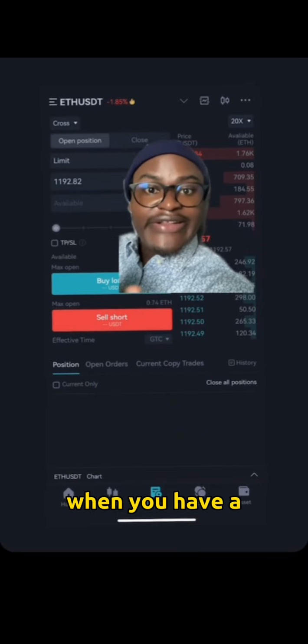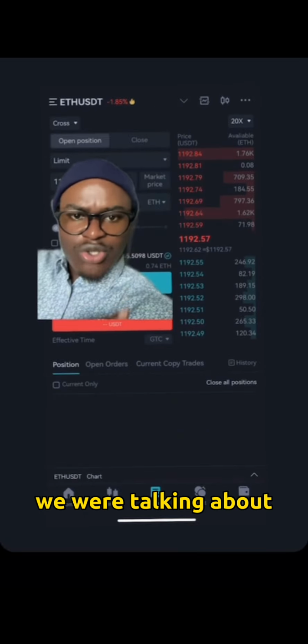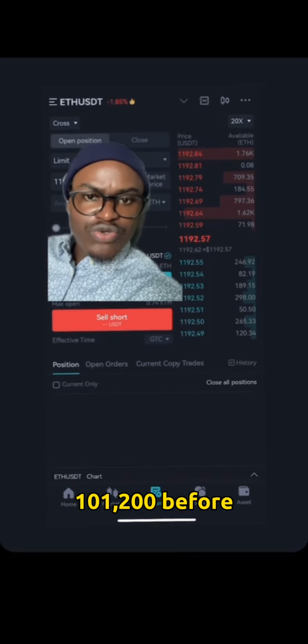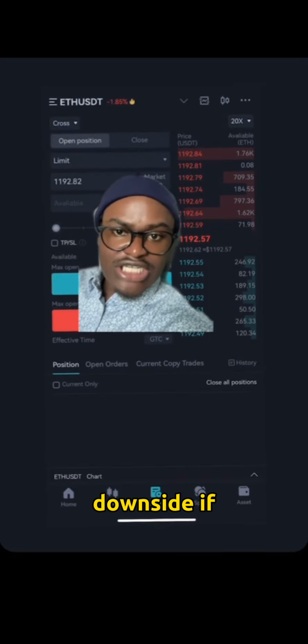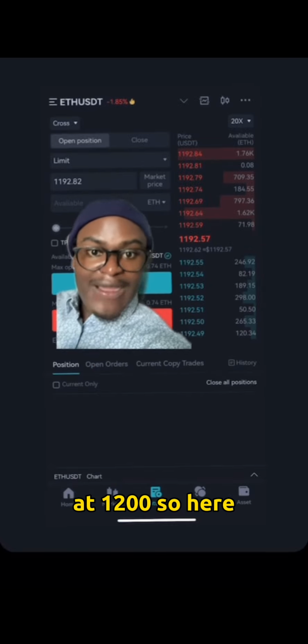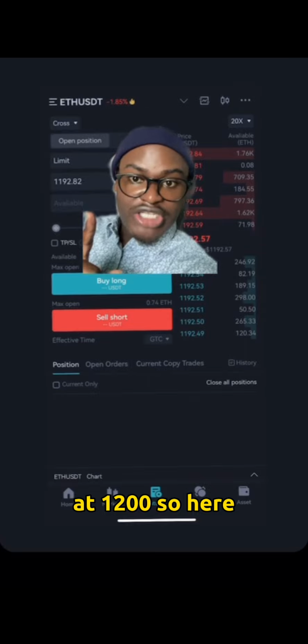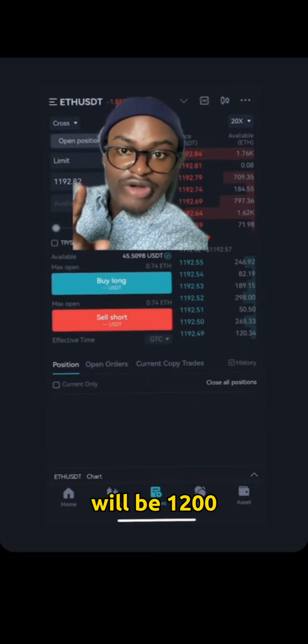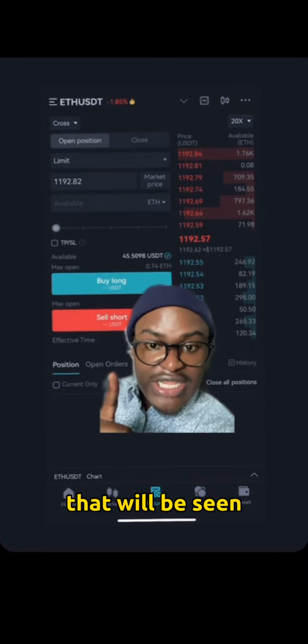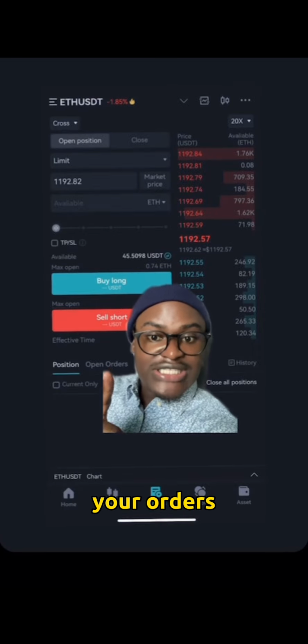When you have a limit order, for example, we were talking about Ethereum going to say 1,200 before going to the downside. If you put a short limit order at 1,200, so here will be 1,200 for a short limit order, that will be seen here for all your orders that are open.